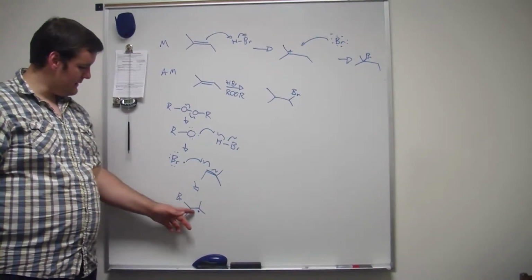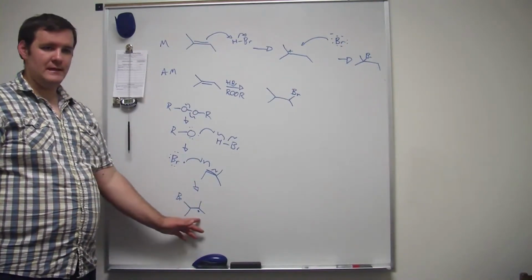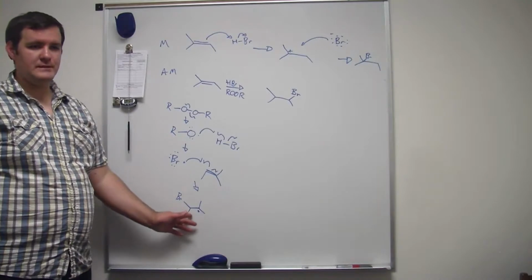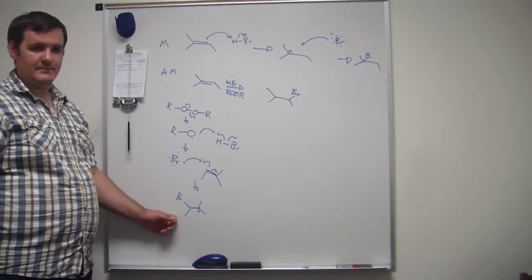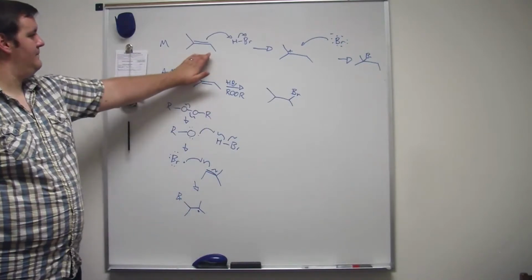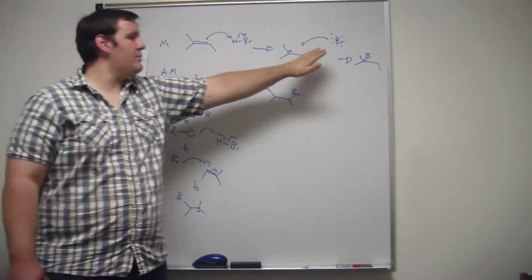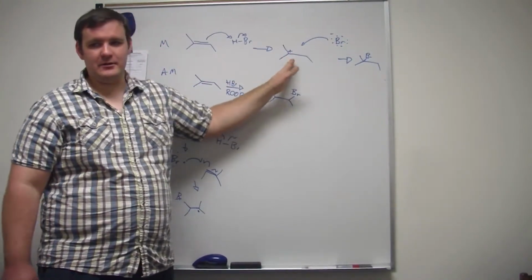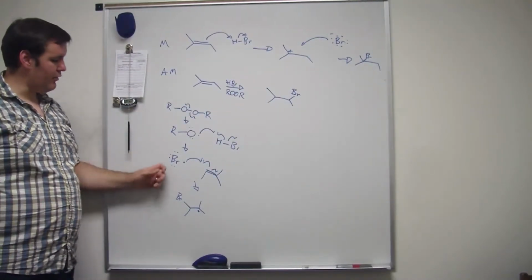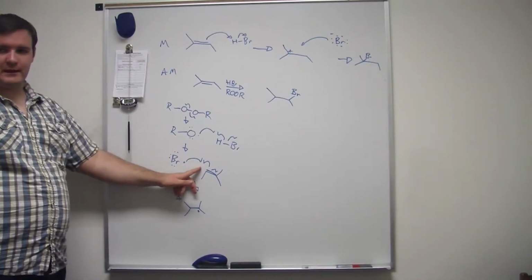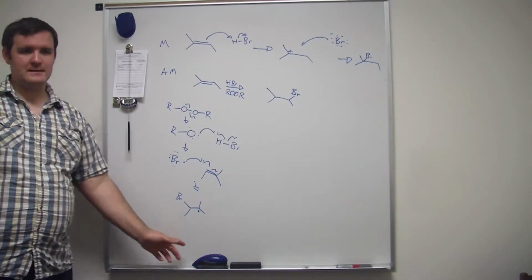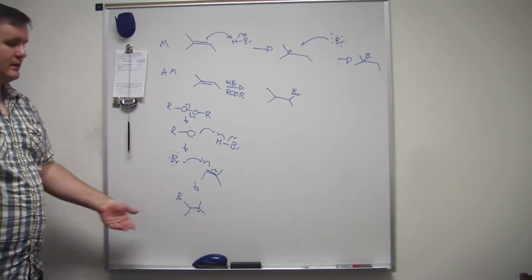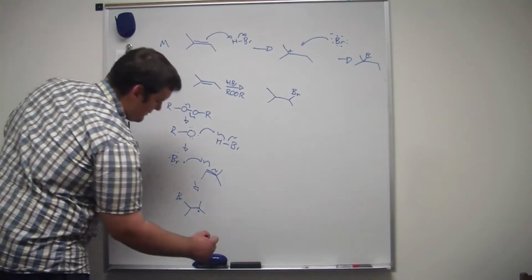So it wants to be stabilized, and so it goes to the most stable carbon, putting the bromine on the least substituted carbon. Here, the hydrogen added first, so that's why when the bromine added, it added to the tertiary. Here, the bromine's adding to our alkene first, so that's why it's going to the secondary, because the free radical wants to go to the most substituted.